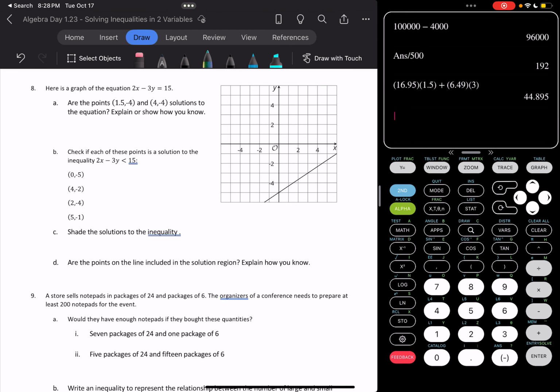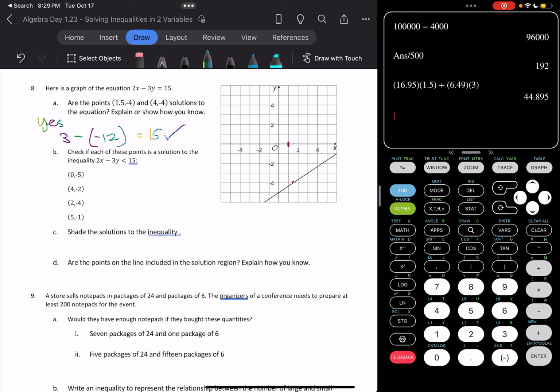Number 8, here is a graph of the equation. Are the points 1.5 comma negative 4 and 4 comma negative 4 solutions to the equation? Explain how you know. All right, so 1 is here, so 1.5 would be here. Negative 4 going down here, that is on the line. And if we were to plug it in, 2 times 1.5 is 3, minus negative 4 times 3 is negative 12, equals 15.